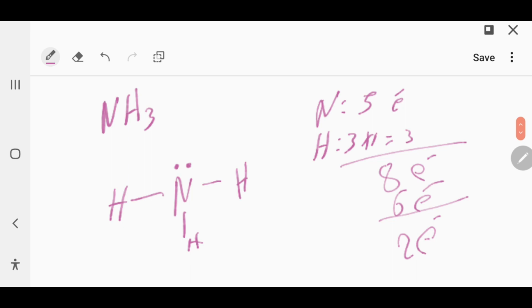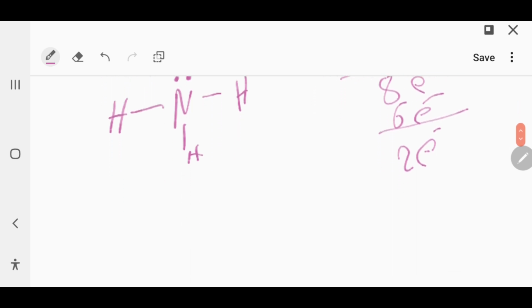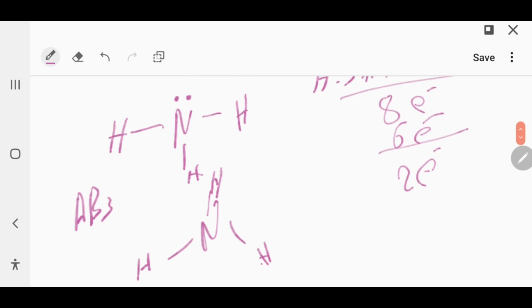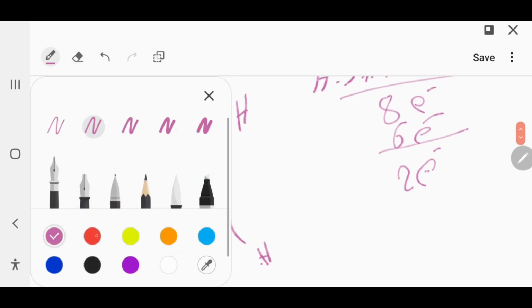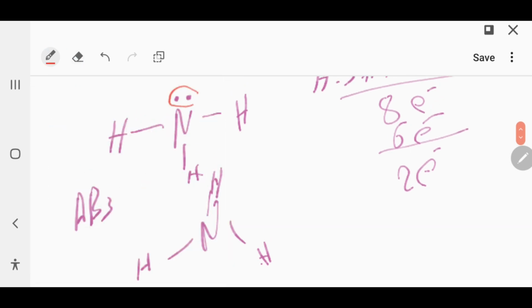Now in this shape, you could think that NH3 is AB3. So it will be like this one, H, H and H. But what about the non-shared electrons here?